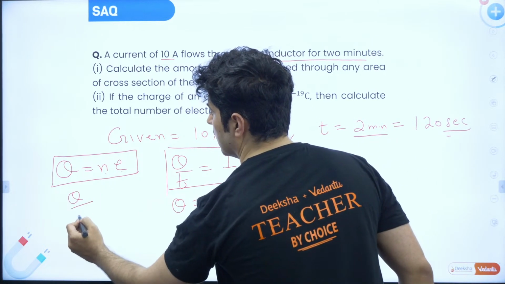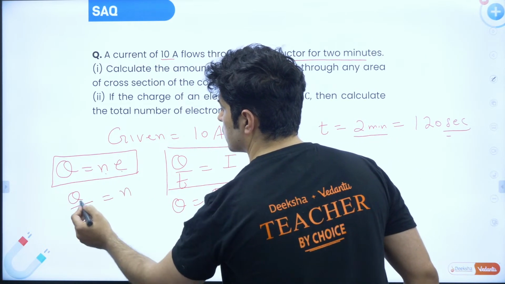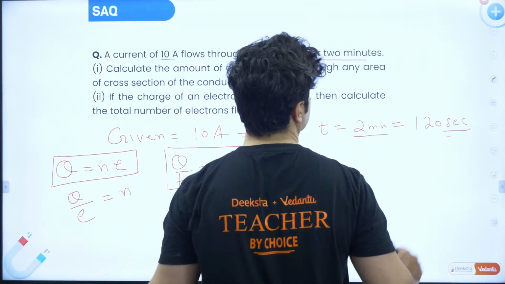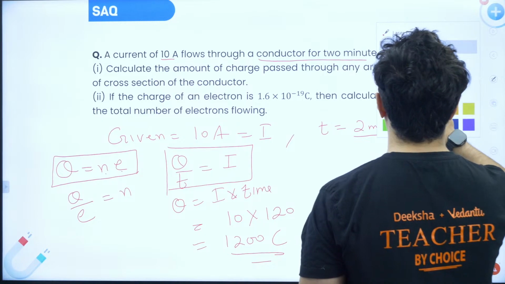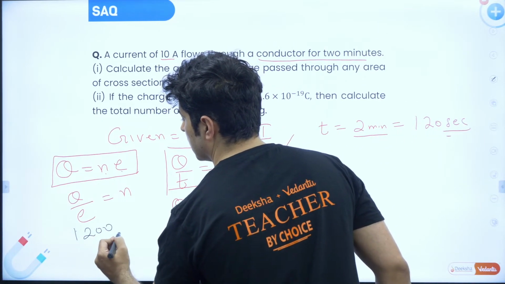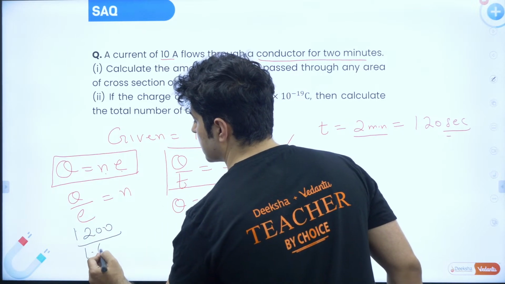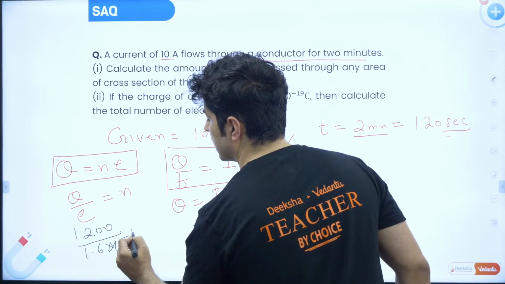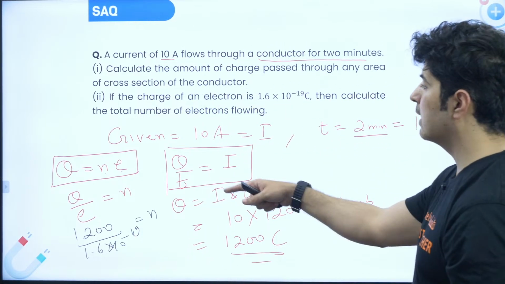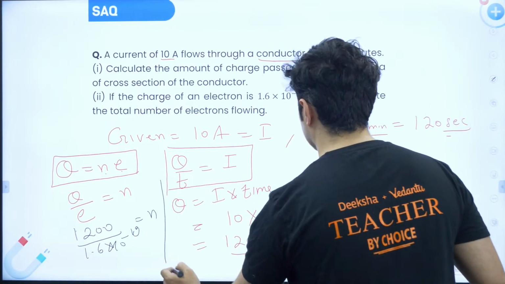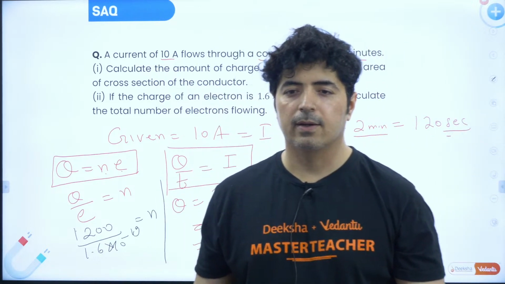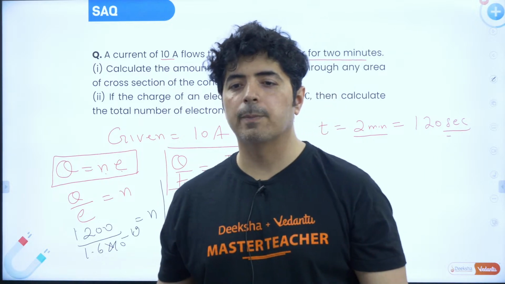Q by E is equal to the number. So Q we already calculated, 1200. Let me just change the color so that... okay. So Q is 1200 divided by E, which is 1.6 into 10 to the power minus 19, we get N. If you calculate everything, your answer will be positive, by the way.